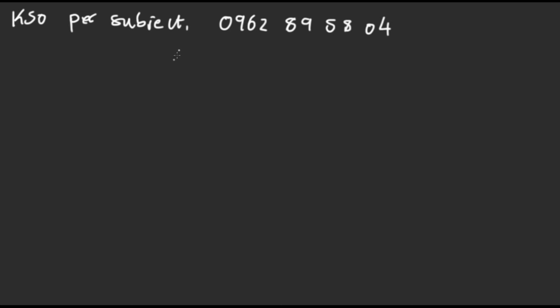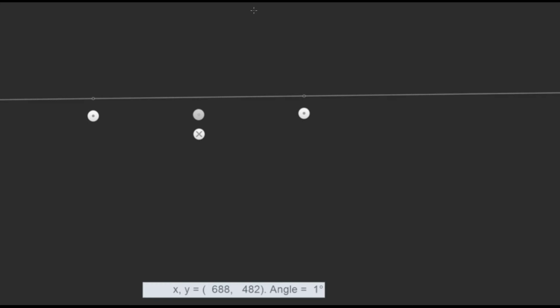So now let's begin with our lesson. Before we start our calculations, first let's begin by looking at a ray diagram. The first line that you are supposed to draw under a ray diagram is known as the principal axis.